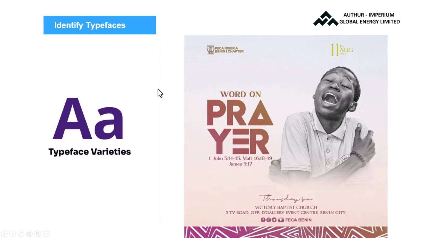You tell me where the balance is. Balance in the picture and prayer title. Proximity in the social handles. Then you say typefaces used: serif and sans serif mostly. So that is going to be your task.